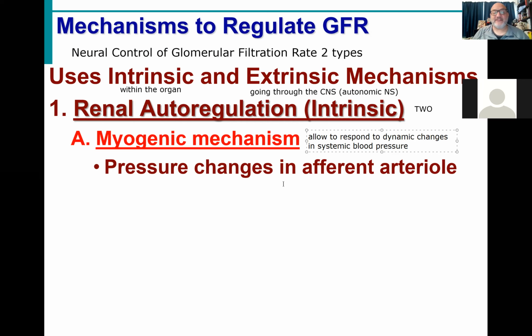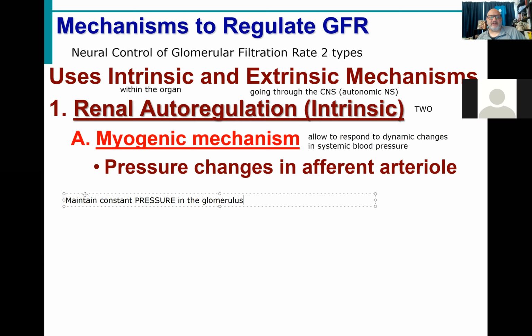So notice with this myogenic mechanism, our goal here is to maintain constant pressure, and let's make this in big letters, in the glomerulus. So our goal is to maintain a constant pressure in the glomerulus. Right?